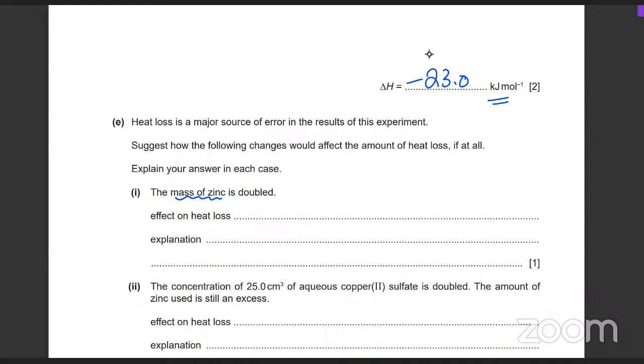As the mass of zinc is doubled in the experiment, would that have any effect on the amount of heat loss? Would the heat loss be greater? And why? Remember, zinc is already in excess.